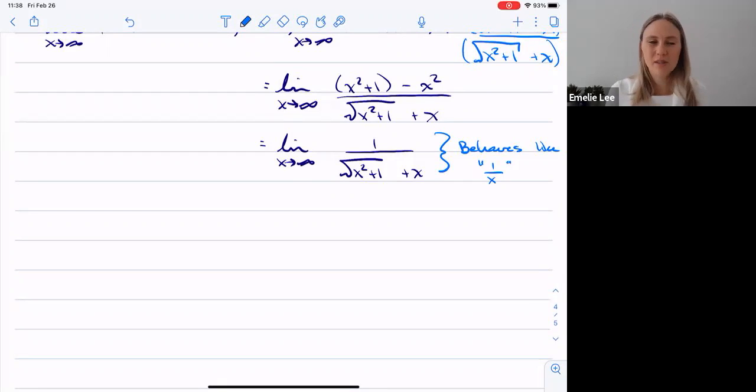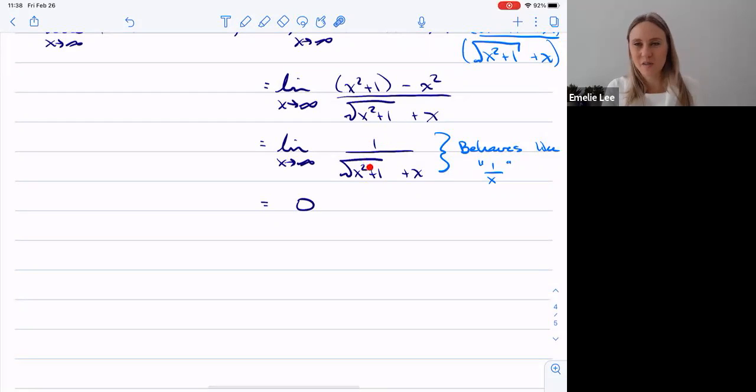Doesn't really matter what's going on there, but I think we can all agree that as x goes to infinity, this whole thing is going to go to infinity, right? So my limit then is just going to be 0 as x goes to infinity. So as soon as I'm able to show that I've got a constant divided by x, and x is going to infinity, I know my limit is going to be 0.